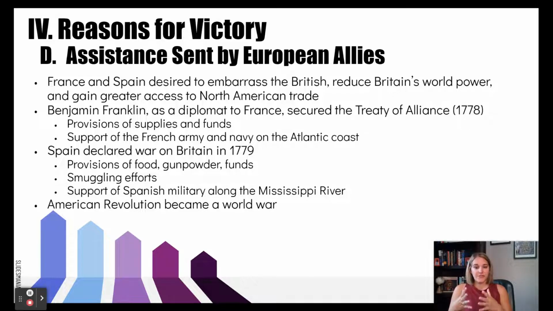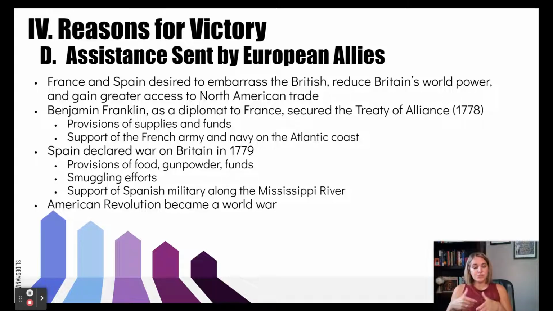They also provide funds, food, etc. They also smuggle additional supplies in, and a major role for the Spanish is going to be their efforts along the Mississippi River. So they were able to kind of close in, divide up the British military on two coasts without also having to divide up the American military.